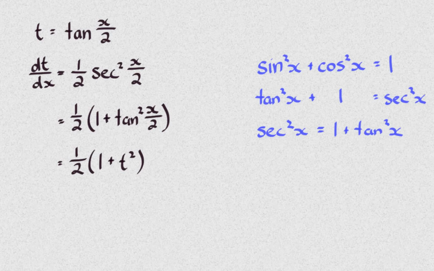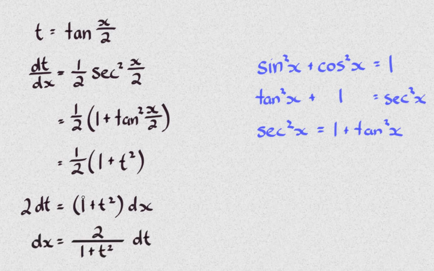All we have to do now is double both sides, and also we will move the dx over to the right hand side, and to get dx by itself finally, let's just divide through by this 1 plus t squared. And so this is how we can replace dx with dt.